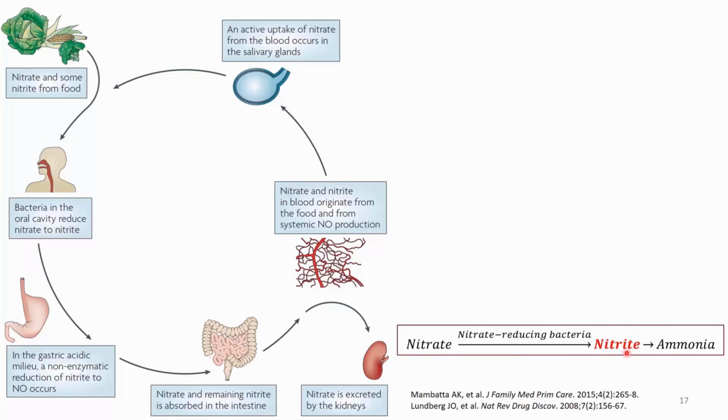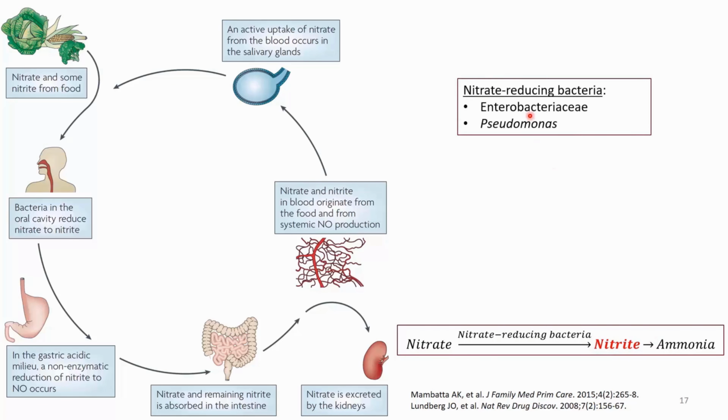So that's why we check for nitrite. If we detect it, you suspect that there are bacteria converting the nitrate in the urine to nitrite. And there are nitrate-reducing bacteria, such as Enterobacteriaceae. The most common member of the Enterobacteriaceae family is E. coli, and also Pseudomonas. So that's what we suspect.